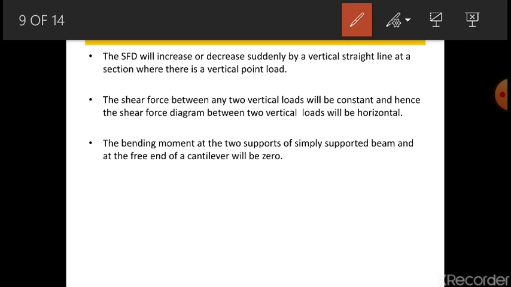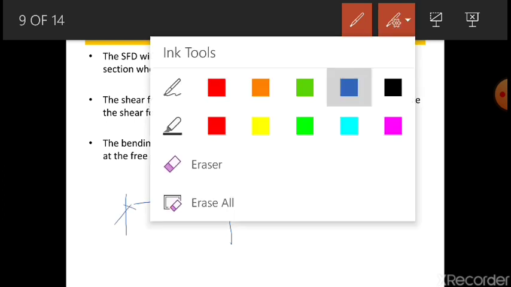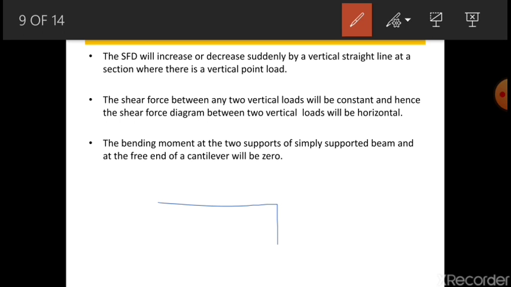Bending moment at the two supports of a simply supported beam and at the free end of a cantilever will be 0. That means if there is a cantilever, this is a beam.